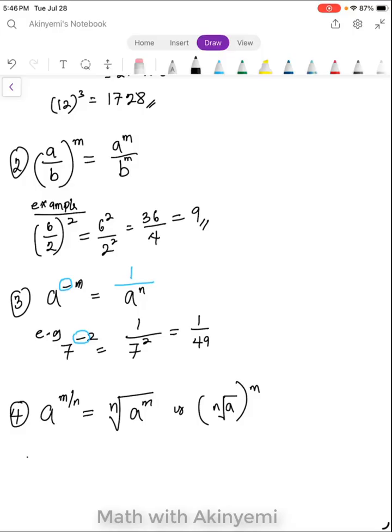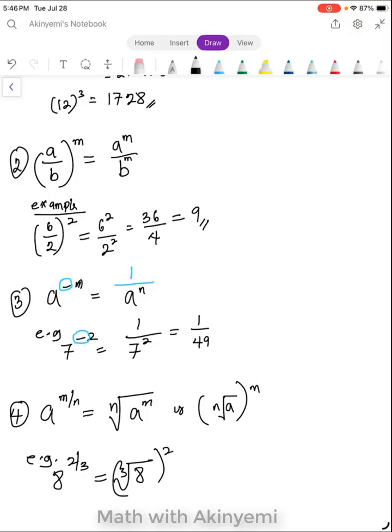So for example, we have 8 raised to power 2 over 3. It's the same thing as saying the cube root of 8, raised to power 2.